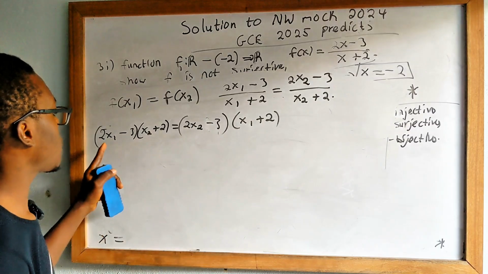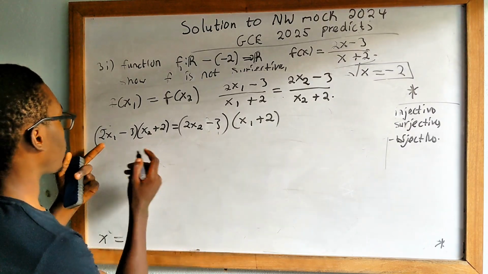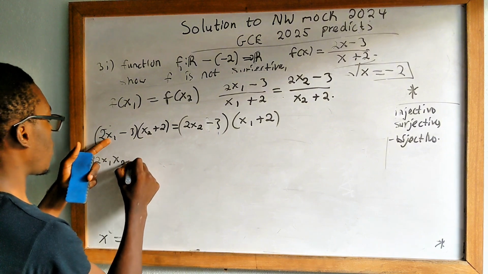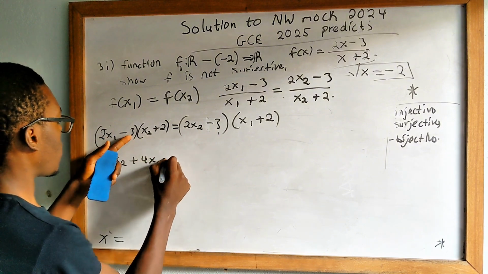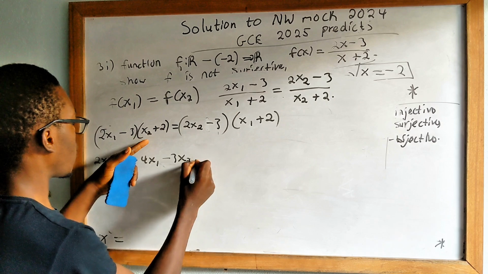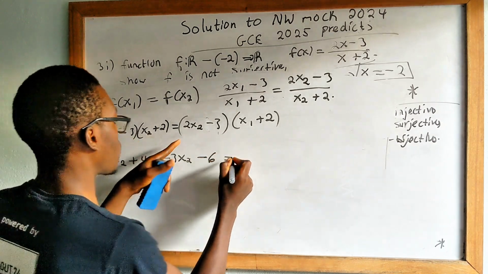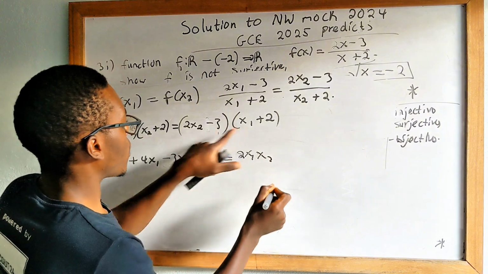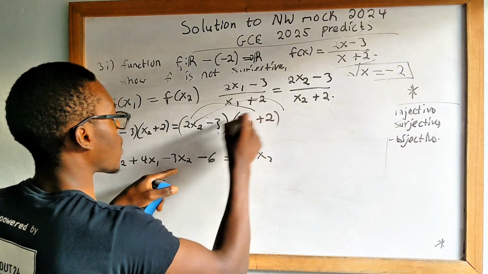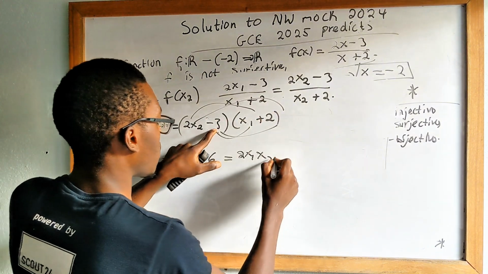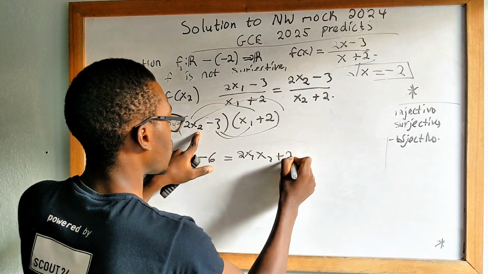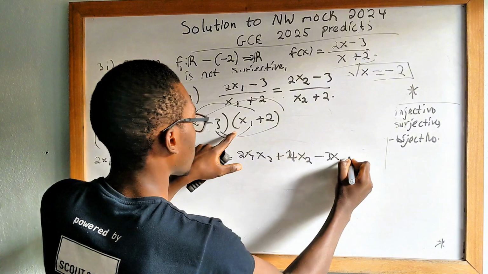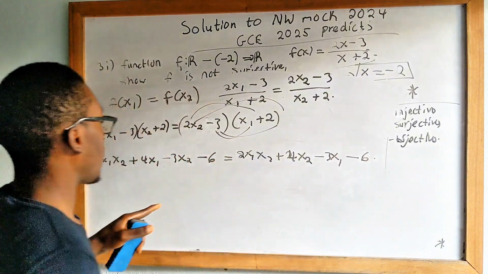Hence, we can open the bracket at this point to have 2x1x2 plus 4x1 minus 3x2 minus 6 is equal to 2x1x2 plus 4x2 minus 3x1 minus 6. That is what we have.